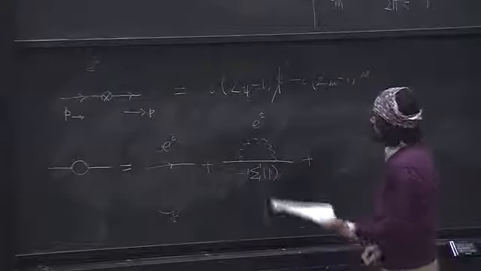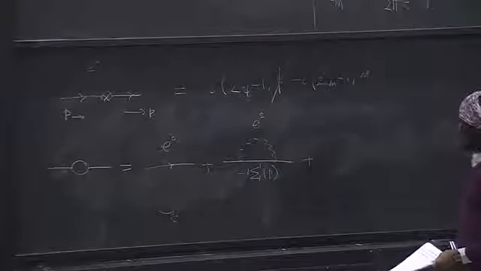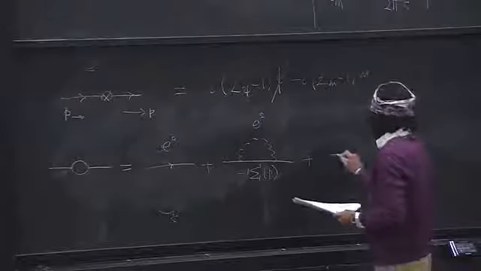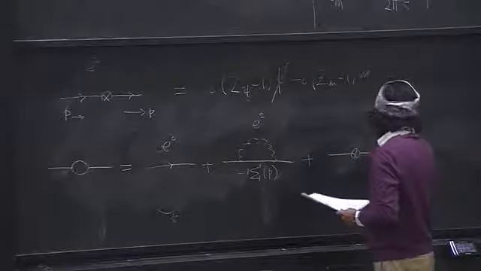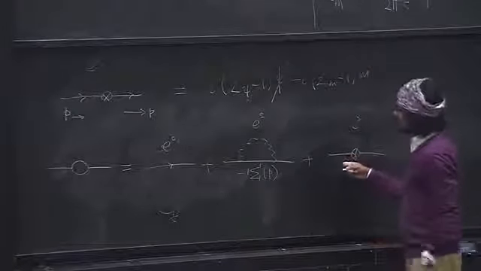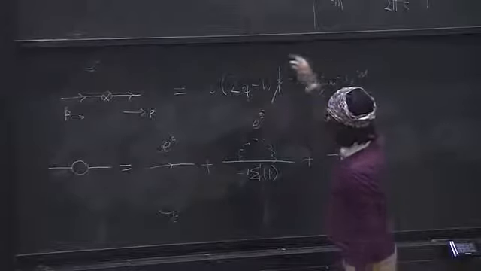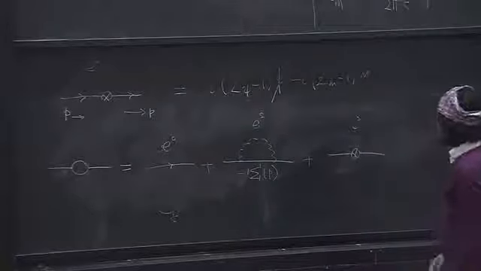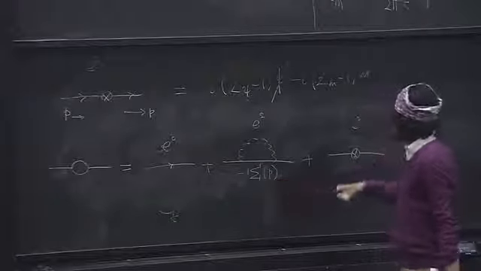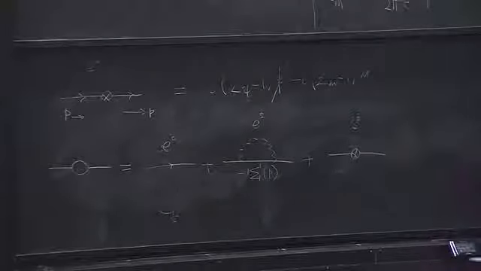But because we now have a new term in the Lagrangian at order e squared, we have to add that diagram as well. For this term you put this expression in your amplitude, and the divergent piece of this is now canceled by the divergent piece of the loop.